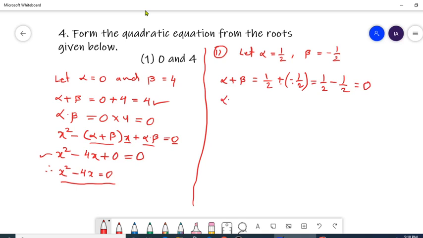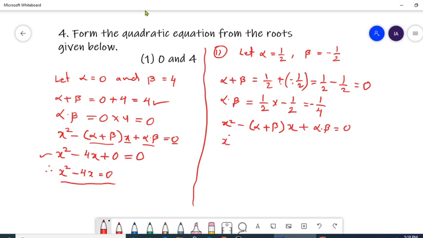Then I'll take alpha into beta, 1 by 2 into minus 1 by 2. So the product of the roots will become minus 1 by 4. Again I'll take the general form of the equation, that is x square minus (alpha plus beta) into x plus alpha into beta is 0.